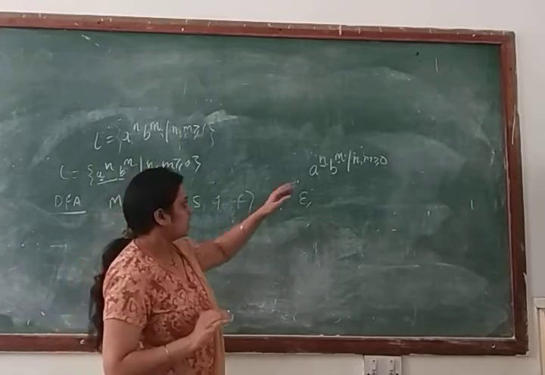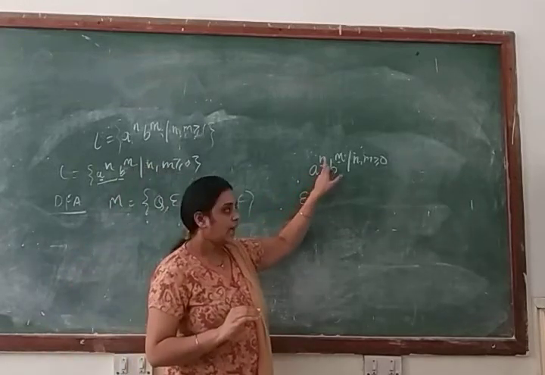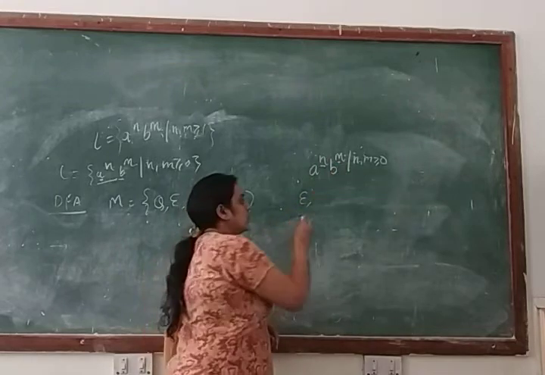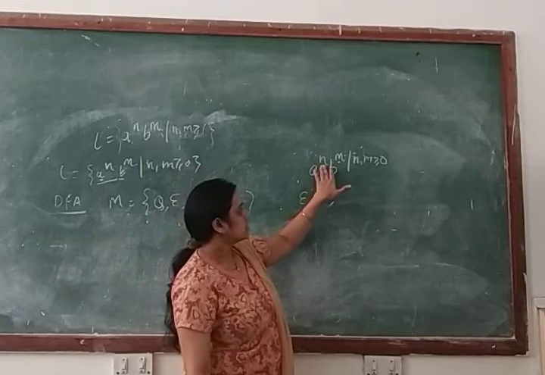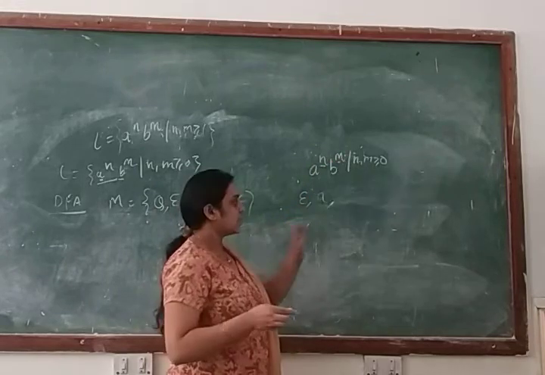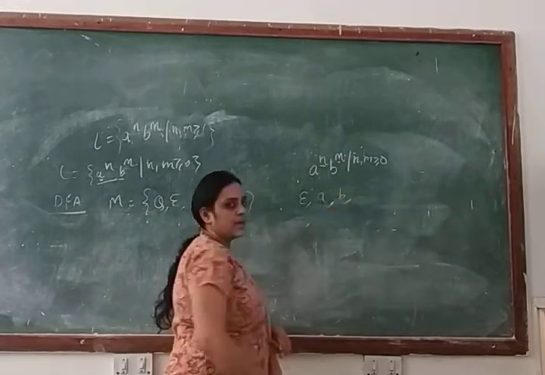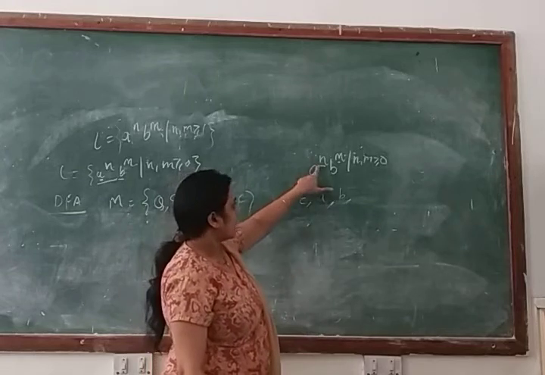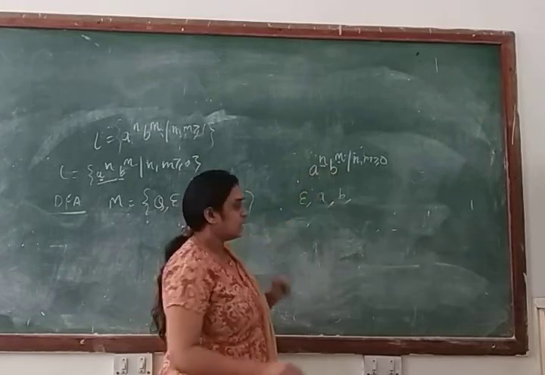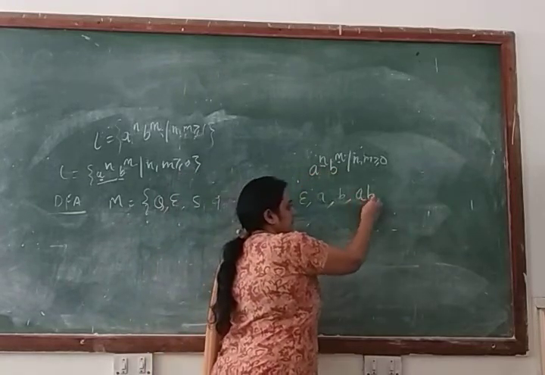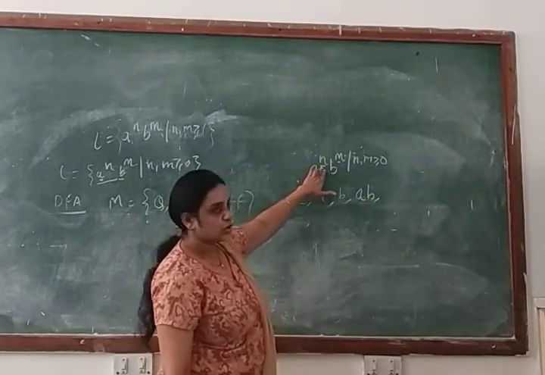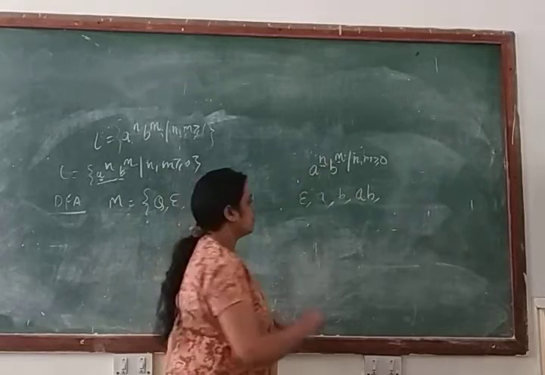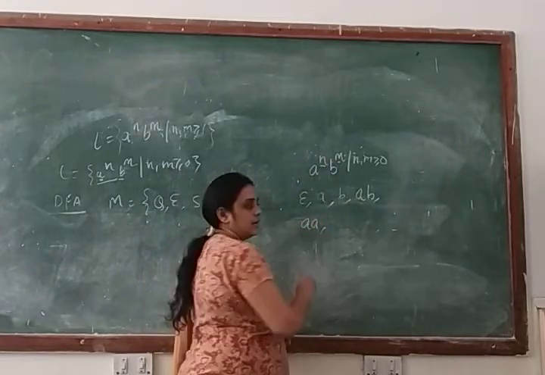Clear? Then if you put n as 1 and m as 0, you will get the string a. If you put n as 0 and m as 1, you will get b. Clear? If you put n as 1 and m as 1, you will get ab. Clear? If you put n as 2 and m as 0, you will get aa.